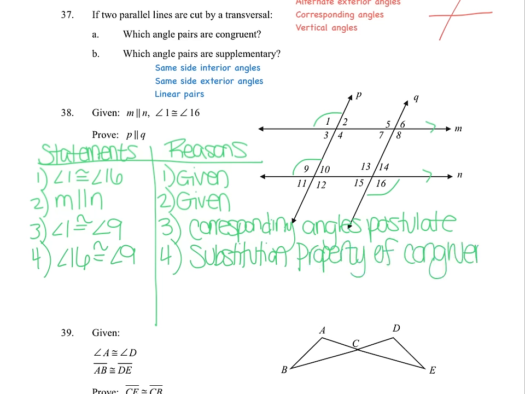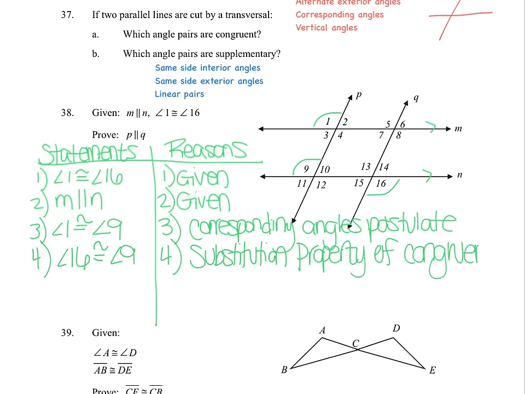So if you ever can't remember what the statement, the reason is, write out the sentence that you know. Again, if two lines are cut by a transversal, so these two lines are cut by a transversal such that alternate exterior angles are congruent, which angle 9 and 16 are, then these lines must be parallel.